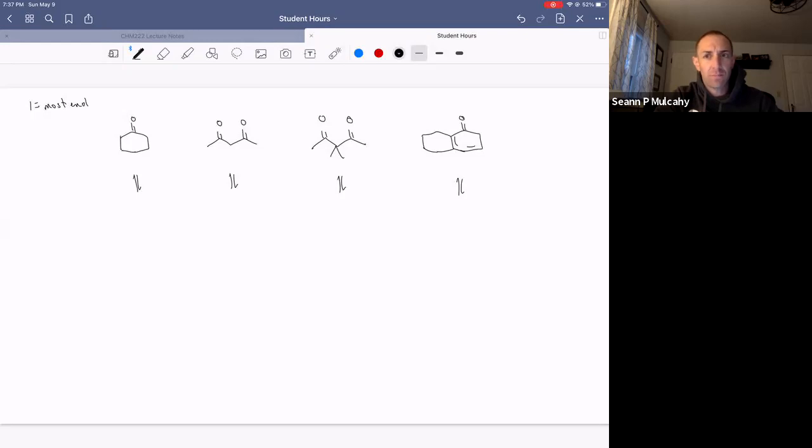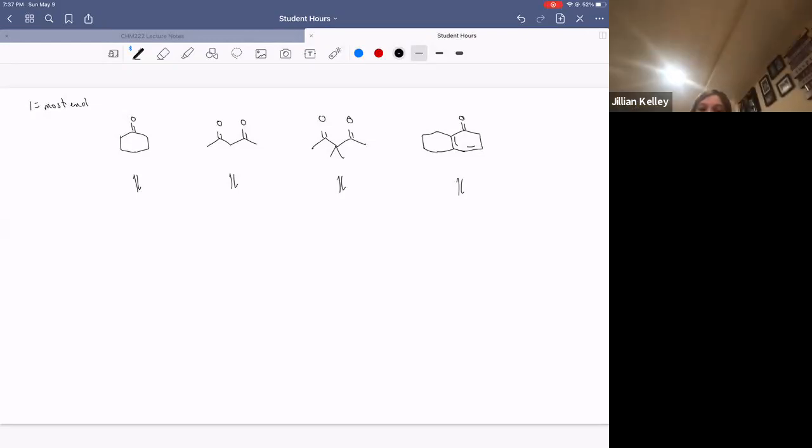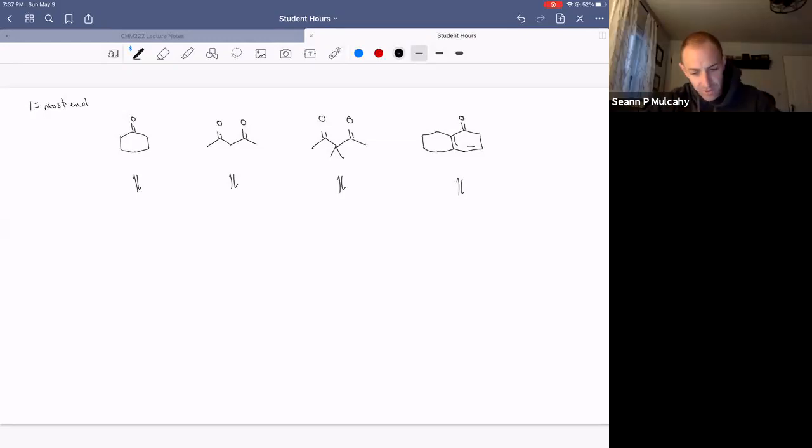How's the enol going to form? Remove a proton from one of the alpha positions. Okay, so we're just going to form an enol like this. Okay, how about that second one?